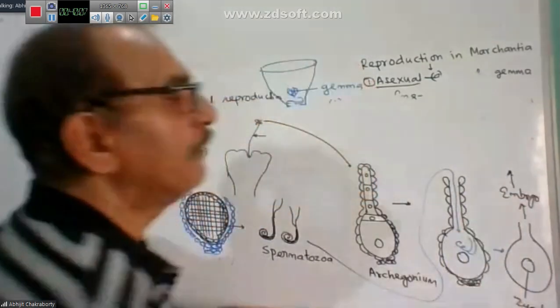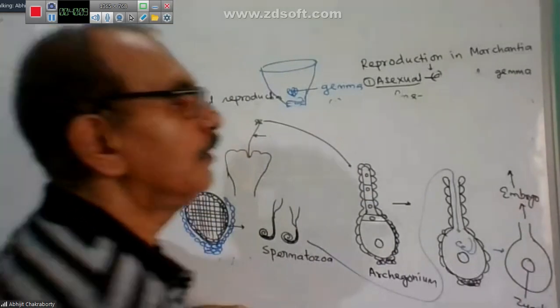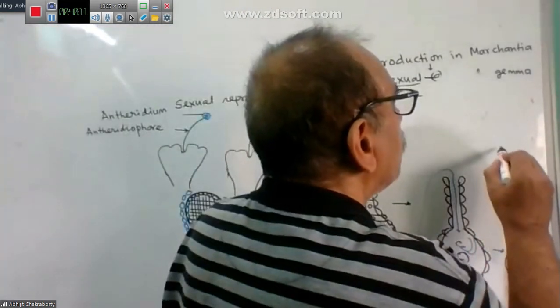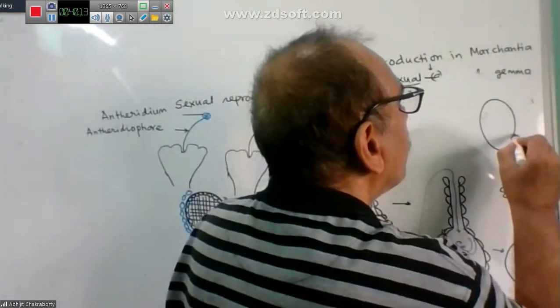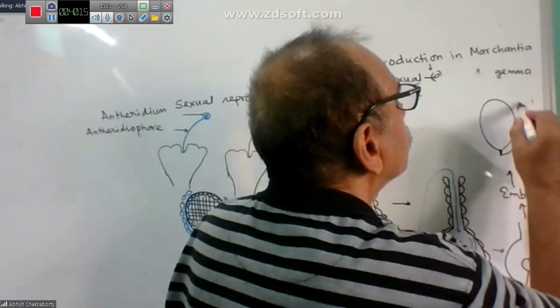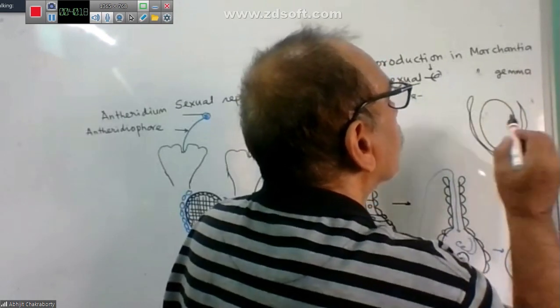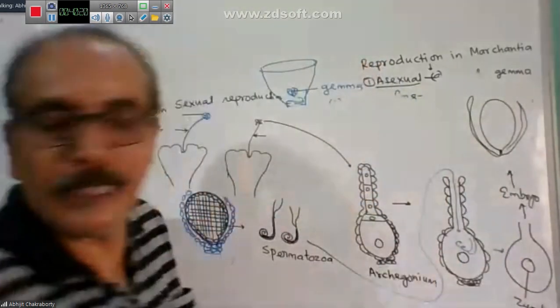The embryo will give rise to the sporophytic plant body having a sporangium.